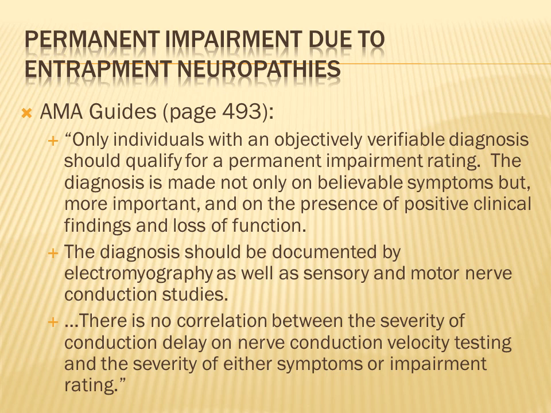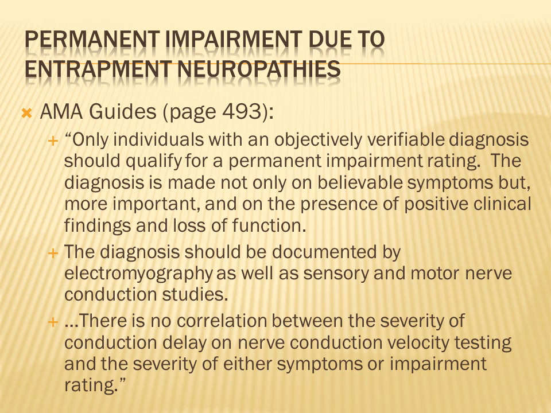Unquote. So here the AMA Guides give us our instruction that the diagnosis should be objectively verifiable, and that there should be positive clinical findings and positive demonstration of loss of function.